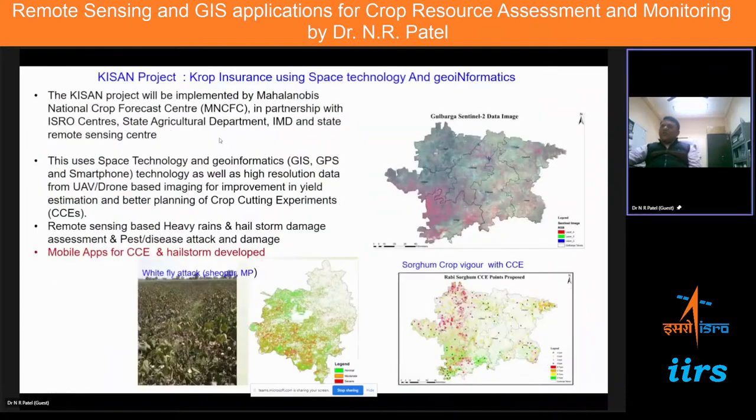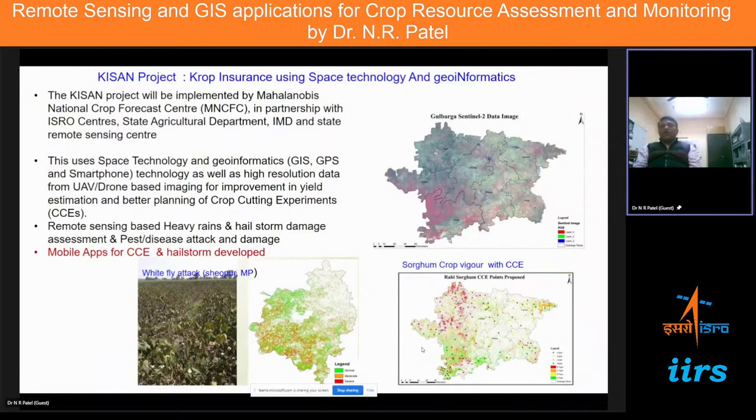Then there is Kisan, crop insurance using space technology and geoinformatics. Under that, damage assessment because of pest and disease, cyclones, hailstorm, or any crop water stress, and because of heavy rain or off-seasonal rain, you can go into this program.